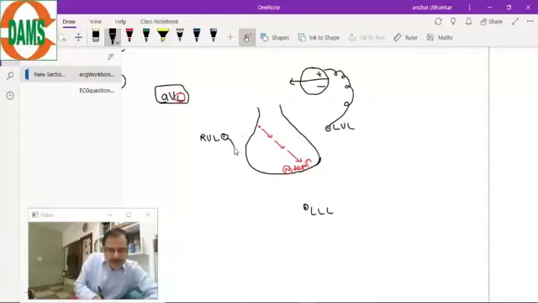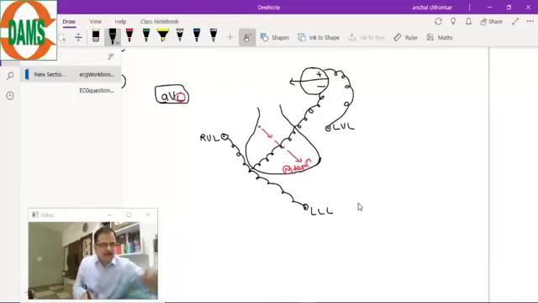This is a wire, and this combination will go to the negative pole. So the left upper limb wire will go to the positive pole, and the combination of the remaining limbs, right upper limb and left lower leg, will go to the negative pole.